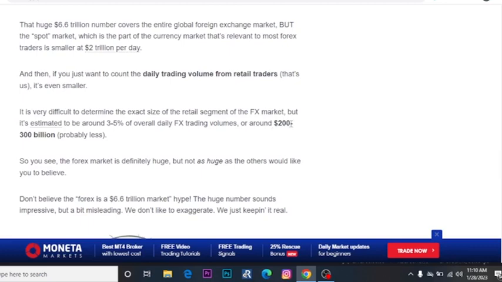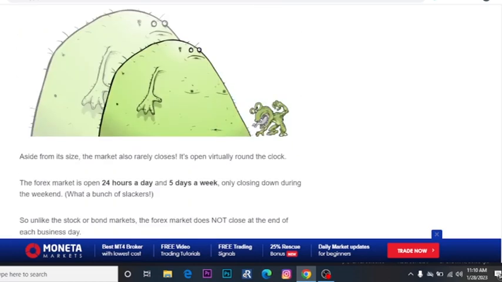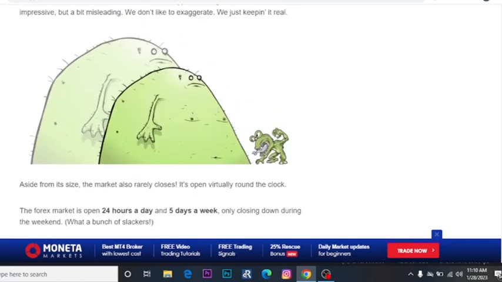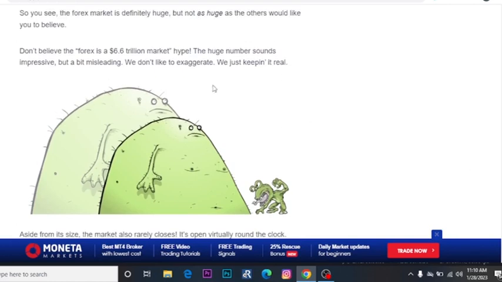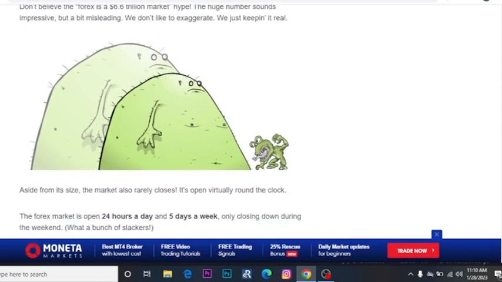So you see, the Forex market is definitely huge, but not as huge as others would like you to believe. Don't believe the Forex is a $6.6 trillion market hype. The huge number sounds impressive, but a bit misleading. We don't like to exaggerate. We're just keeping it real.